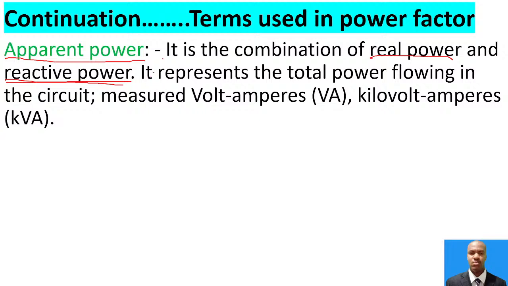You can also say it represents the total power flowing in the circuit. It is measured in volts amperes or kilovolts amperes, kVA, and it is abbreviated by the capital letter S in a circuit.